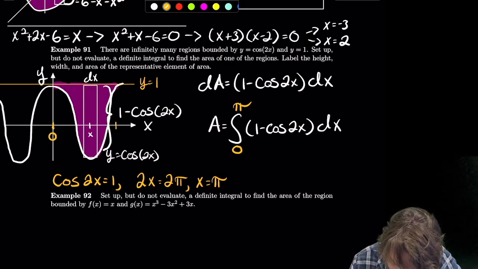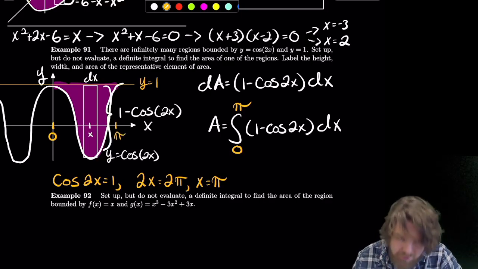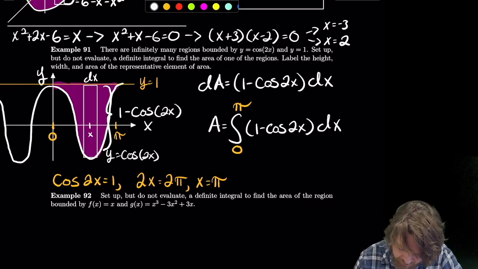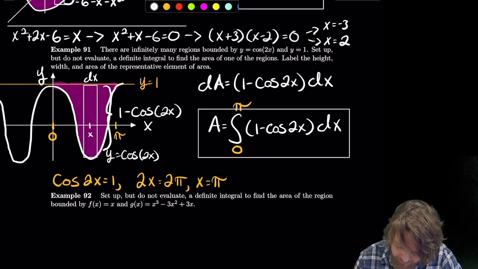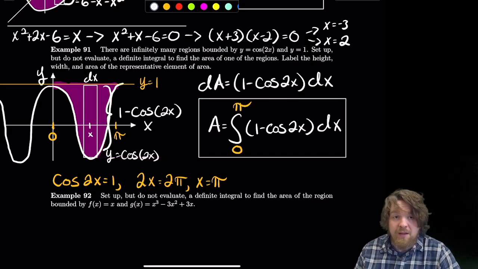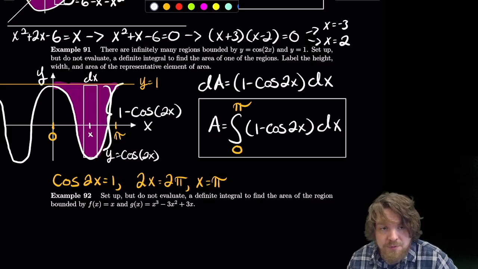So if we were to plot that, x equals pi would be right there where our two curves intersect once again. And here we have a definite integral that represents the area bounded by y equals 1 and y equals cosine of 2x. At least one of the areas that's bounded by those two functions.